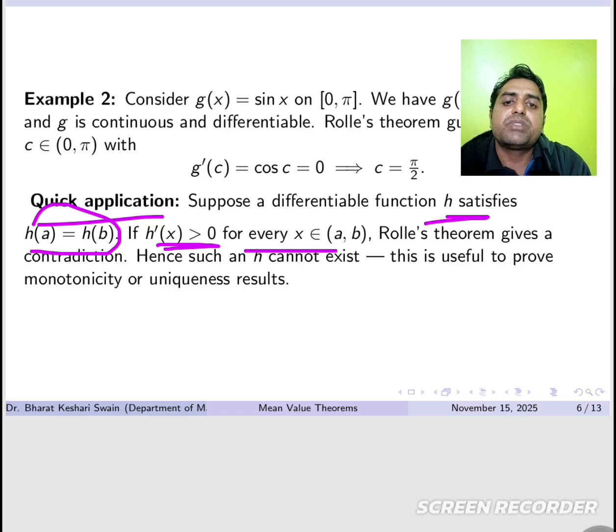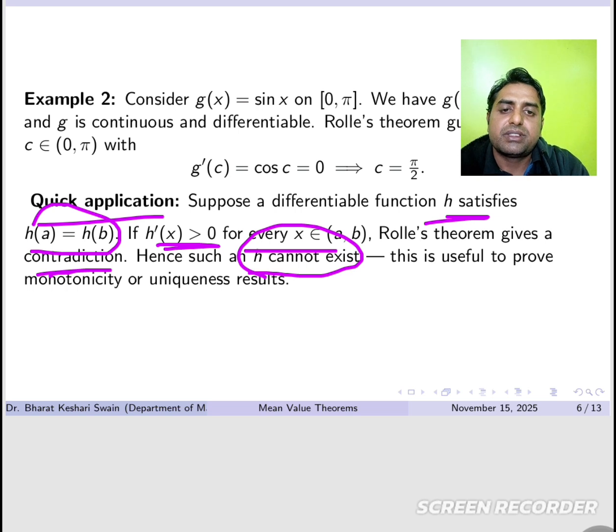Rolle's theorem gives a contradiction, because h of a equal to h of b means your h dash x must be 0 if it is differentiable and continuous. But if it is greater than 0, there will be a contradiction. So that type of h cannot exist.